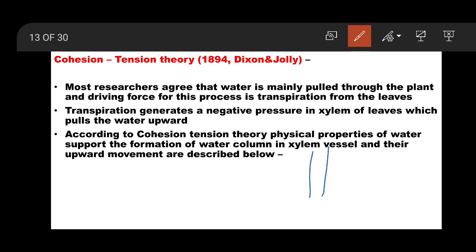जो कुछ भी xylem का vessel है, xylem का जो हम straw कहेंगे हमारी लैंग्वेज में, लेकिन साइंटिफिक लैंग्वेज में xylem vessel कहते हैं उसे.